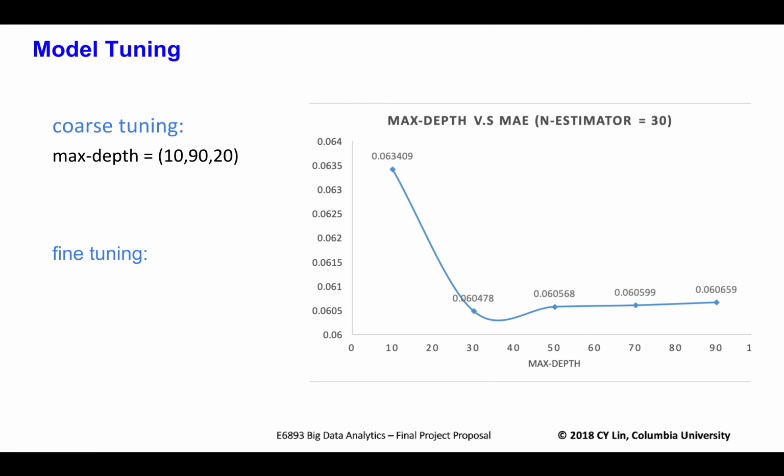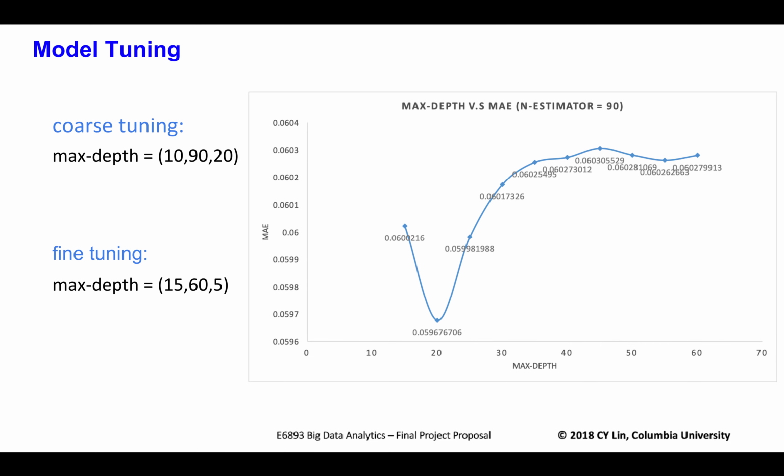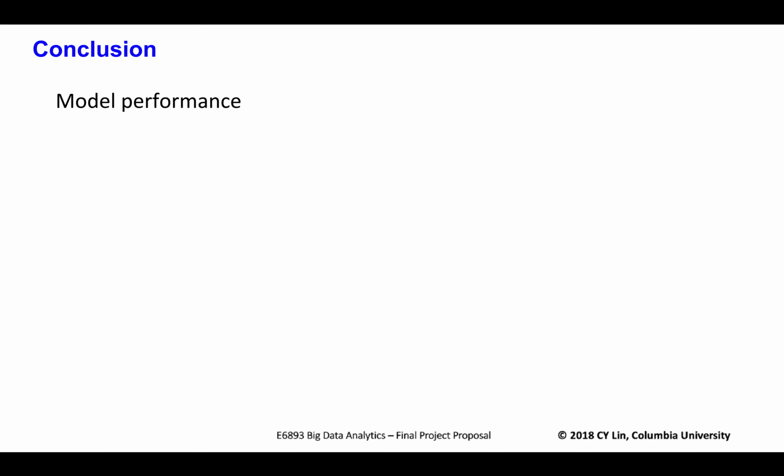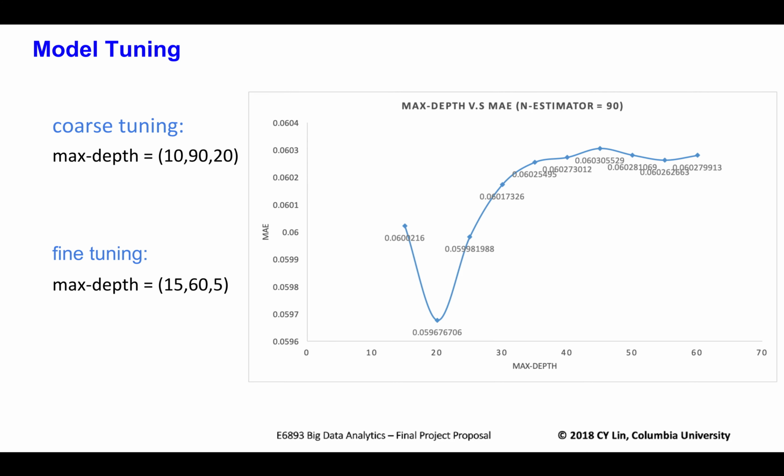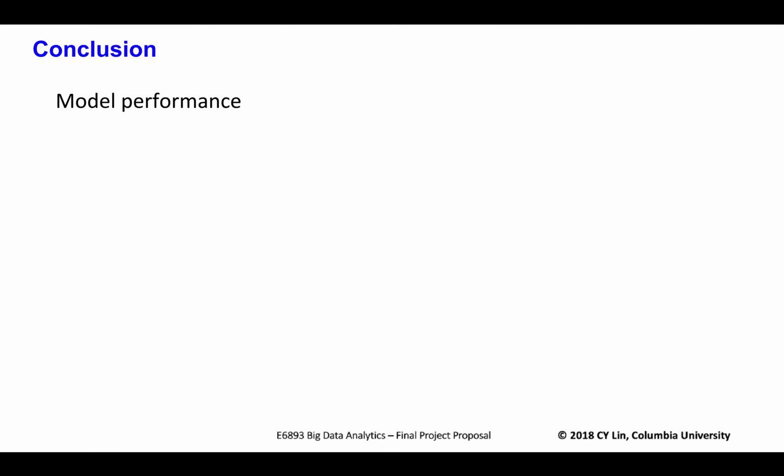From the graph we can see that the optimal value is between 15 and 60. So we do fine-tuning in this range and we get this graph. We can see that the optimal value is actually 20. So we use this optimal value.